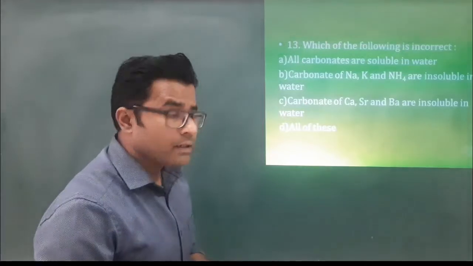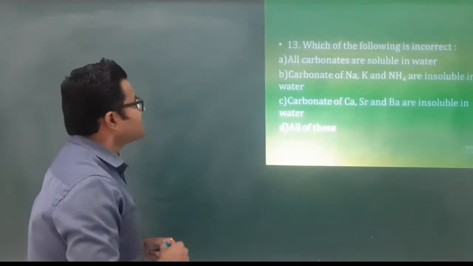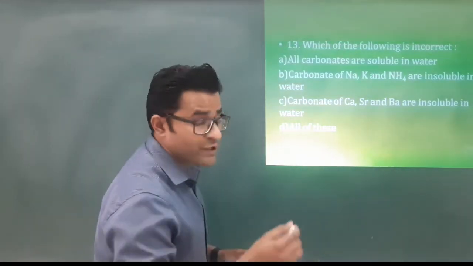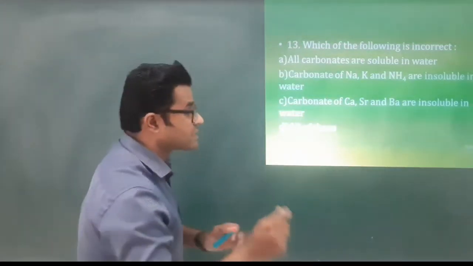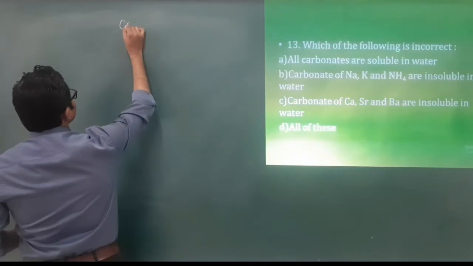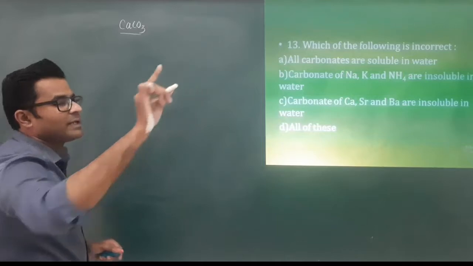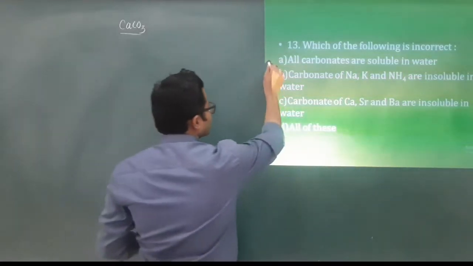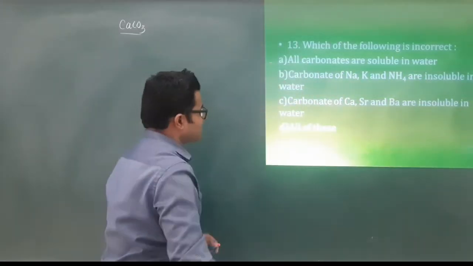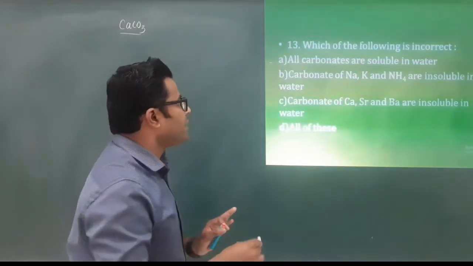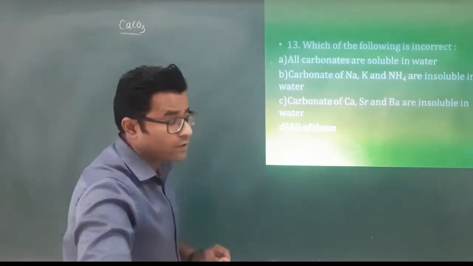Question number 13. Which of the following is incorrect? Okay, first one, all carbonates are soluble in water. No. Now if I take calcium carbonate, it is not going to be soluble in water, so this is of course incorrect. Let's observe the next one. Carbonates of sodium, potassium and ammonia are insoluble in water. Again it is wrong.